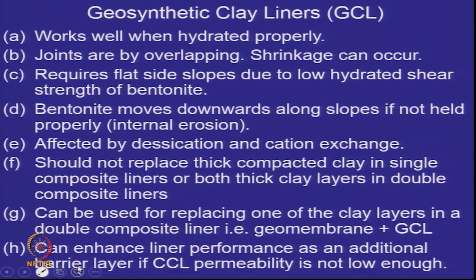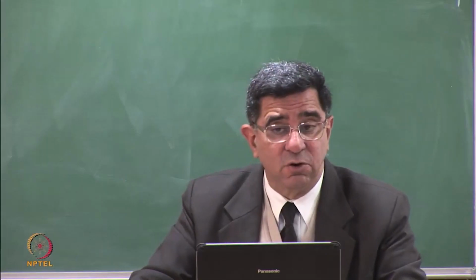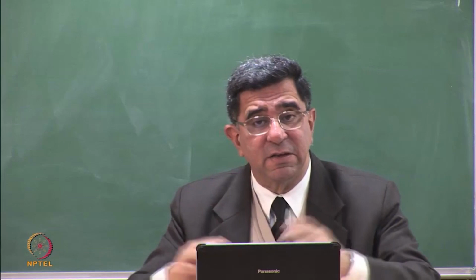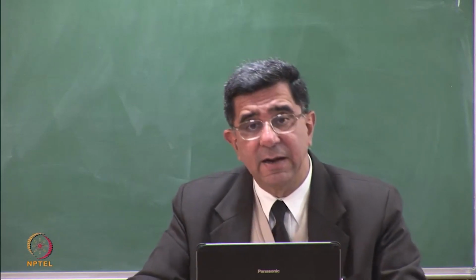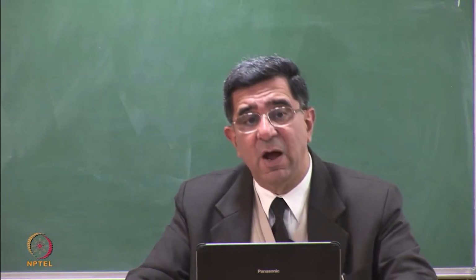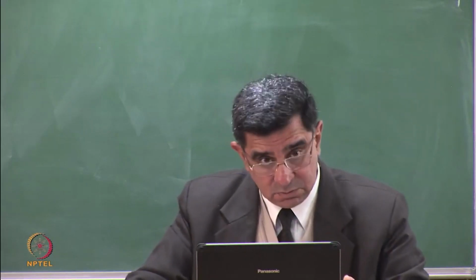However, you can also use this as an additional layer. If you are not getting very good soil, you want a soil with 10 to the power of minus 6 centimeters per second, and instead of mixing 10% bentonite in it, you say, no, I would like to enhance it by using the GCL.